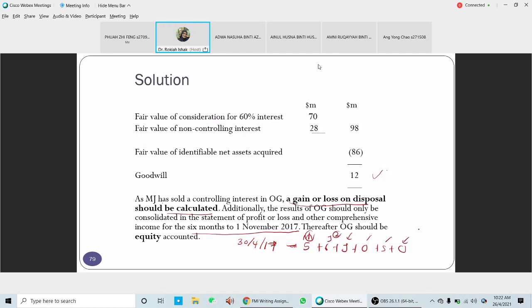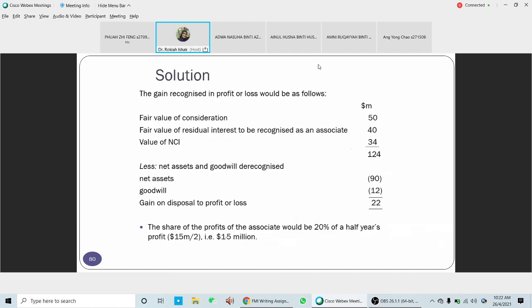So we're going to have 6 months before the disposal. Therefore, starting from 1st of November, we're going to account using the equity method, because now you only have 20%. It becomes an associate.